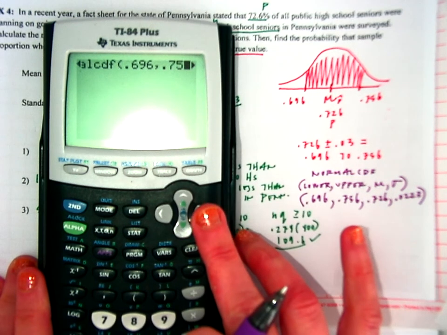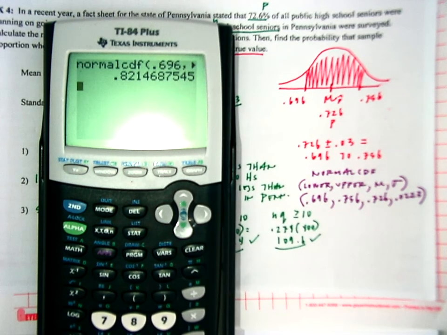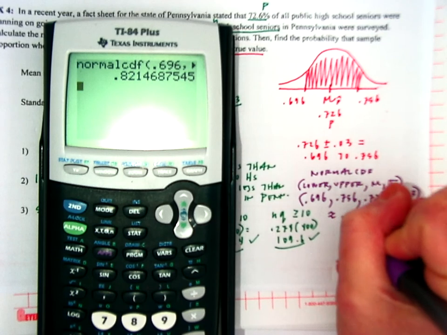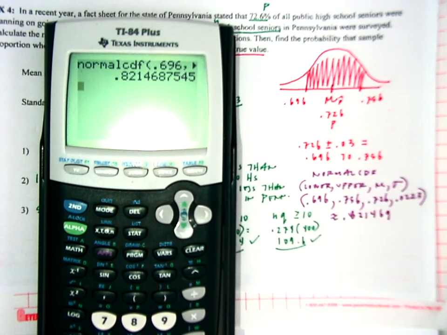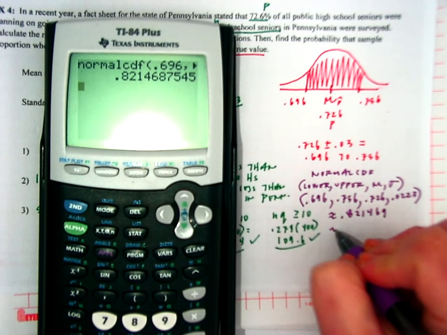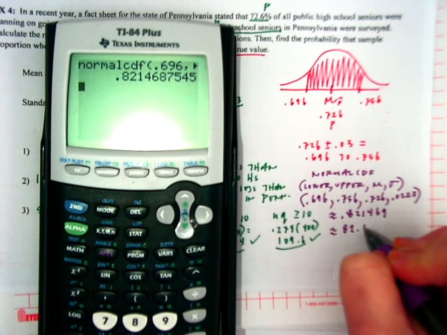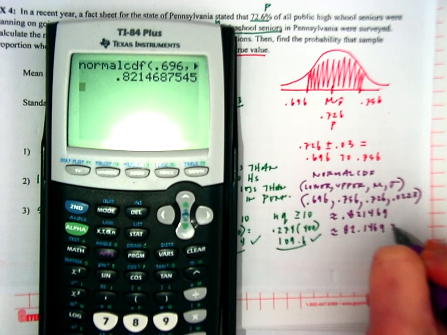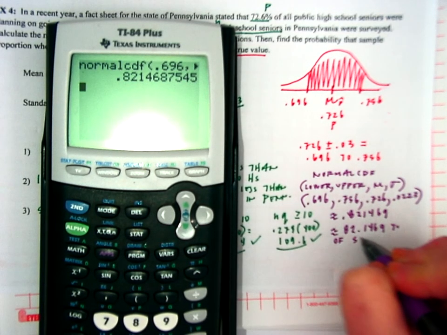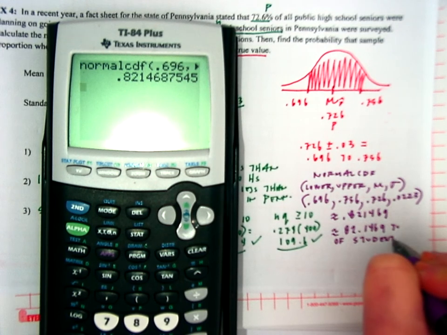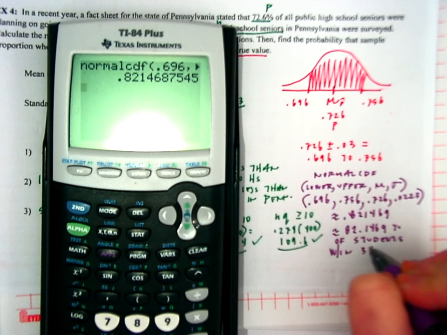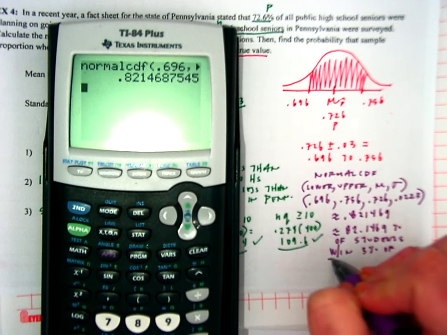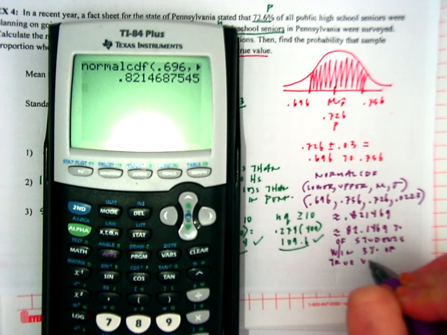So here I'm going to normal CDF, and I'm entering my markers. So lower boundary, 0.696, upper boundary, 0.756, mean of 0.726, standard deviation of 0.0223. Okay, so let me just skim through here. So 0.696, 0.756, yep, okay, looks good. So I'm going to hit enter and I'm going to get about 0.821469.